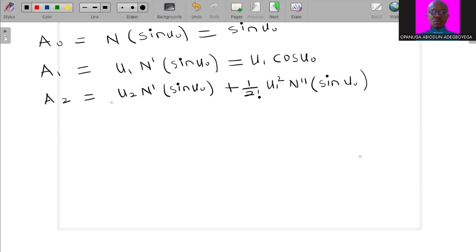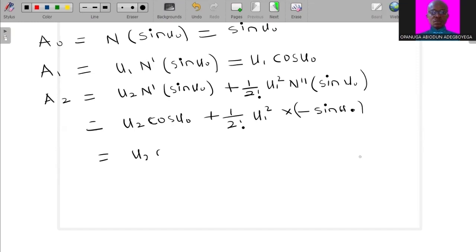Simplifying this, we obtain u_2 cos u_0, which is differentiated once, plus 1 over 2 factorial u_1 squared times the second derivative of sine, which gives negative sine u_0. So finally we have A_2 equals u_2 cos u_0 minus 1 over 2 factorial u_1 squared sine u_0.